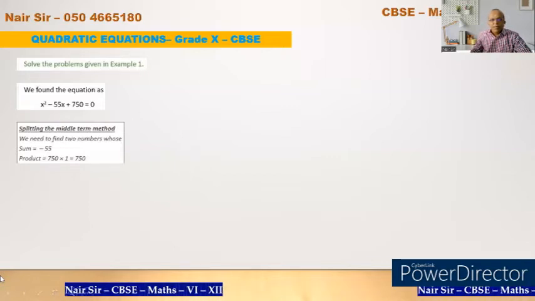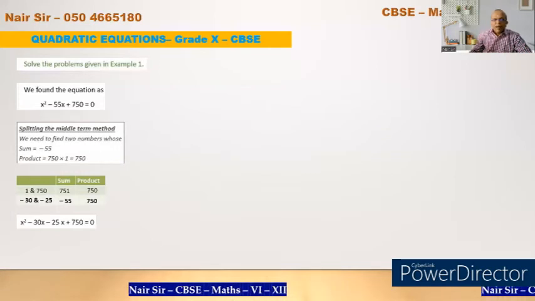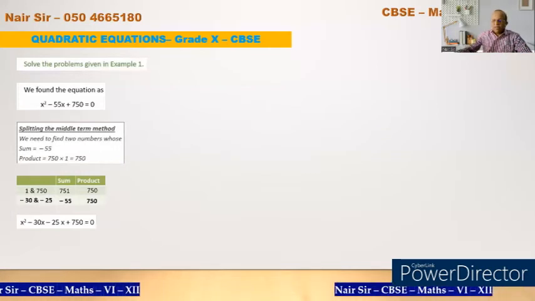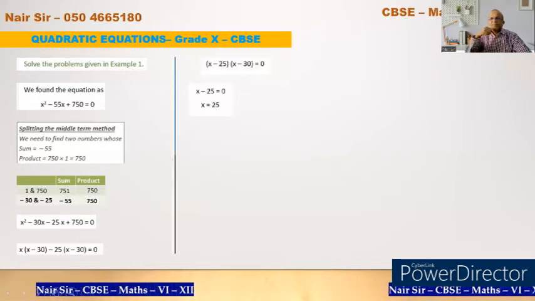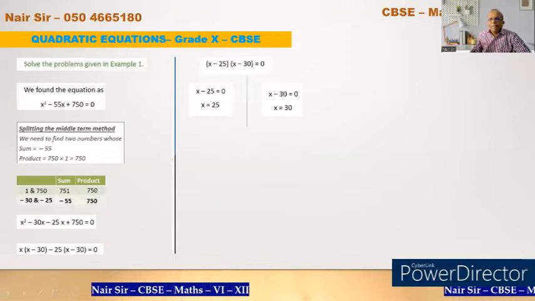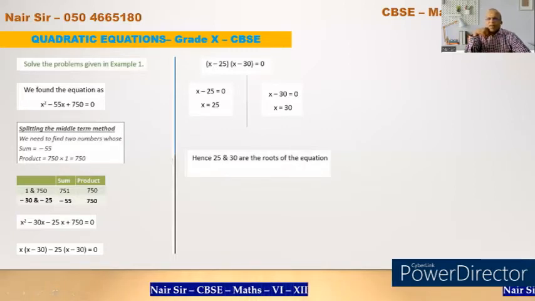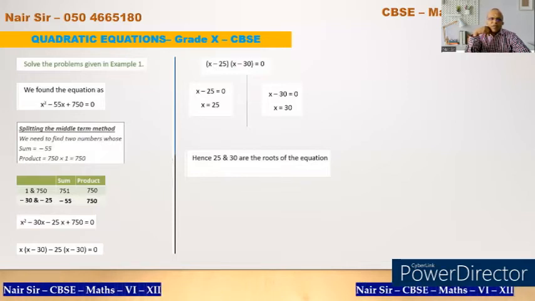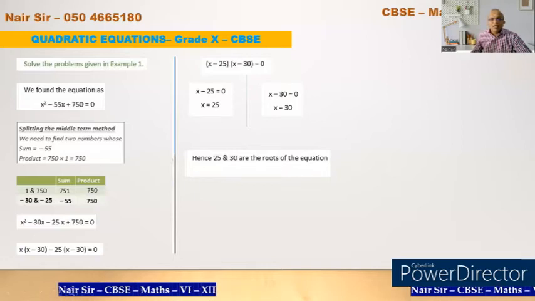Splitting the middle term, writing minus 55x as minus 30x minus 25x. Solving this, what do I get? Hence 25 and 30 are the roots of the equation. Question number 2 is over.